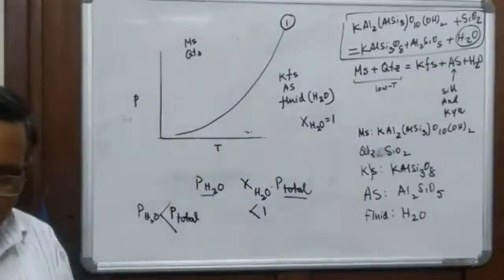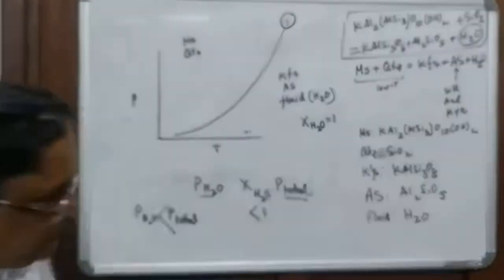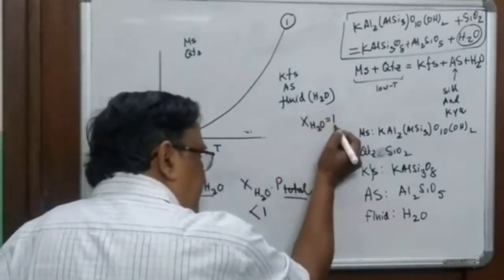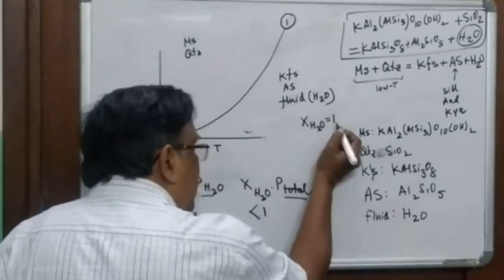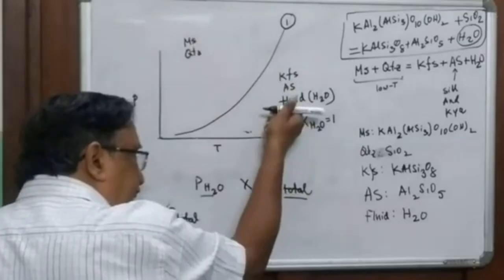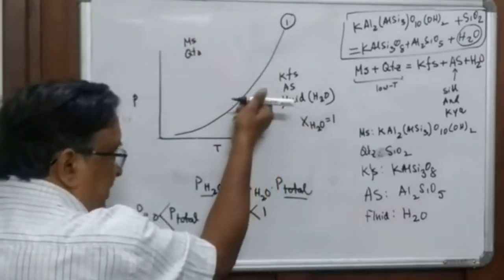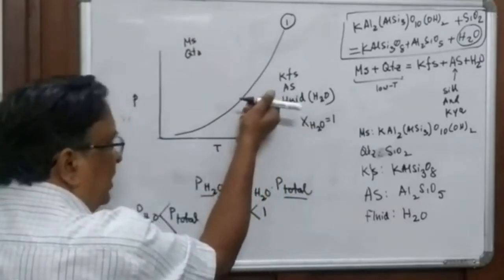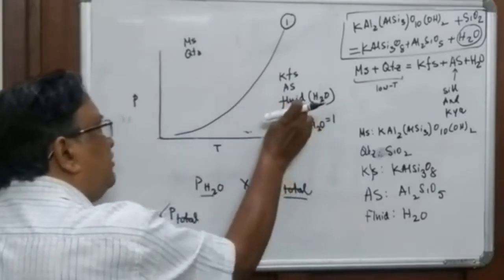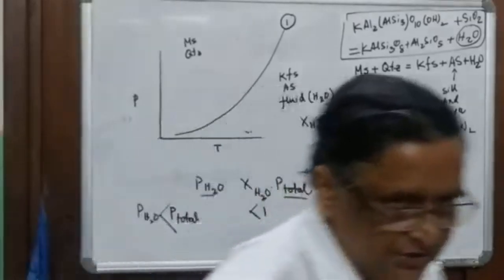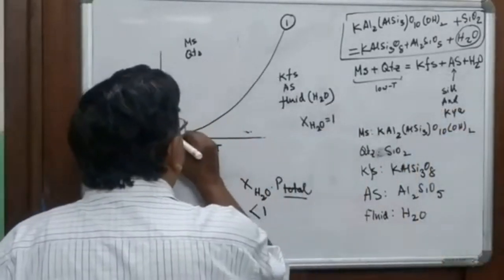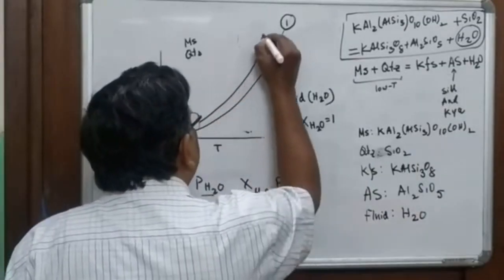Please read it up. If you reduce the XH2O value from the position of 1, the graph moves away in a direction opposite to where fluid H2O occurs. So this graph changes its position.